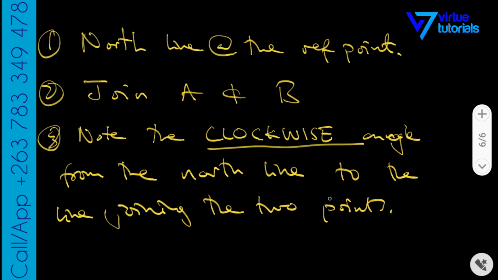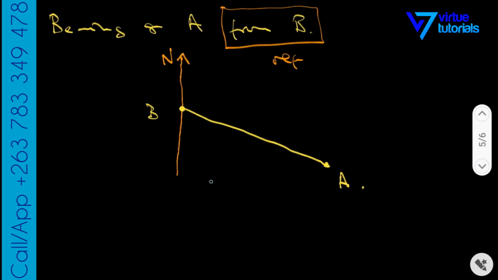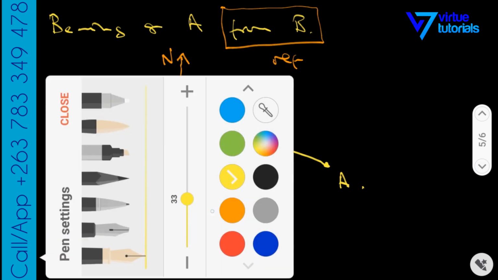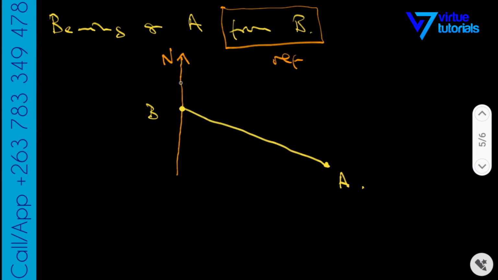So the clockwise angle. If I come here, there's the north there. From north, I'm going to go clockwise to the line joining A and B. I started from the north line and went clockwise, the same direction as your clock. Never move anti-clockwise.